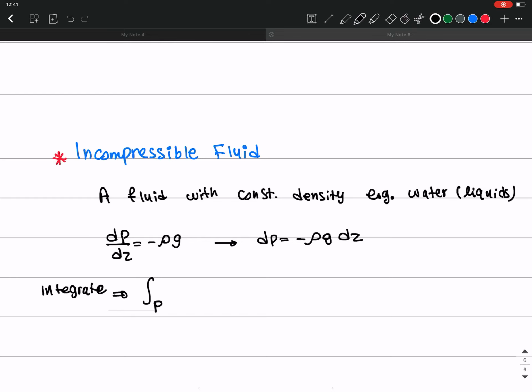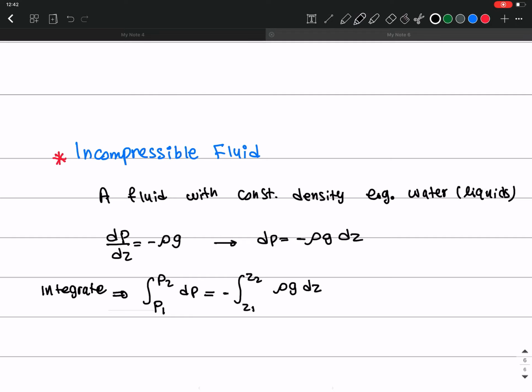Then if I integrate from one place to another place, for an incompressible fluid, I integrate dp from P1 to P2 on the left-hand side. This is how you do the integral. Then the right side is going to be minus the integral from z1 to z2 of rho g dz.